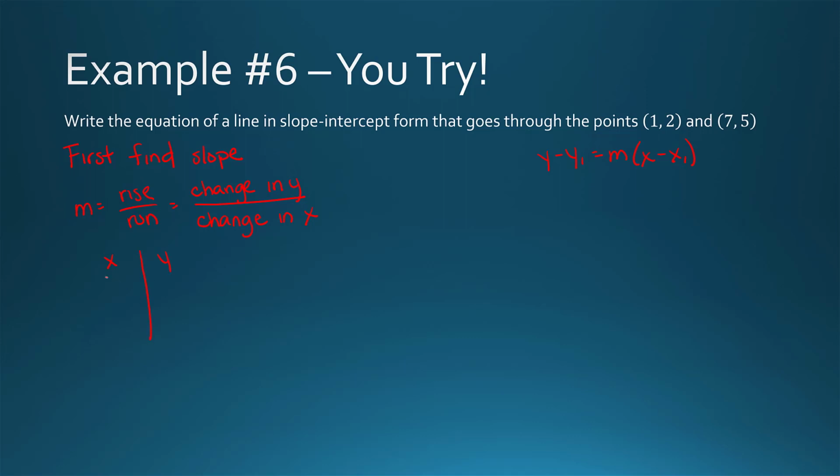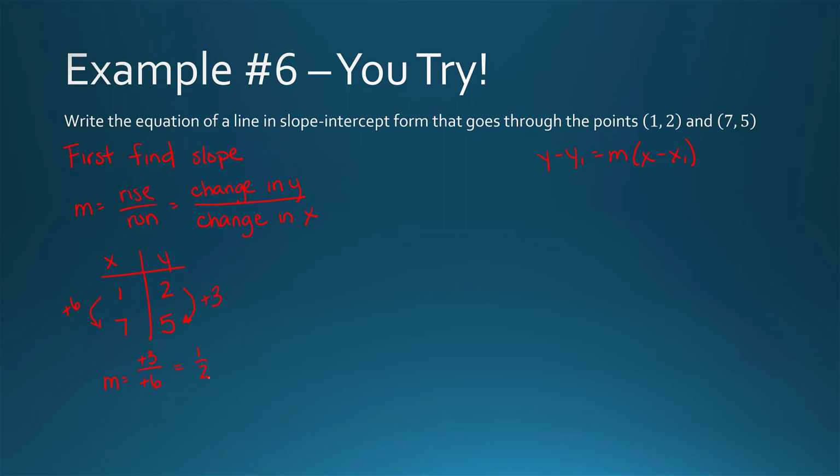So I'm going to put these into a table. 1 to 7 is a plus 6, and 2 to 5 is a plus 3. So my slope, change in y plus 3 over my change in x plus 6. And so 3 over 6 equals 1/2.